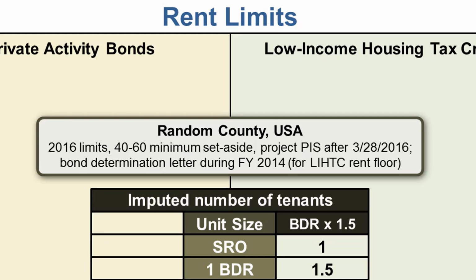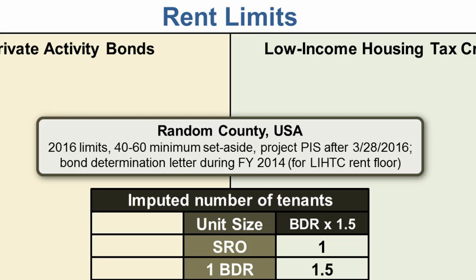The bond determination letter is an actual act of mercy on the part of the program, saying, hey, if you were underwriting the rents that you think you could charge to make this financially feasible all the way back in 2014, and if by the time you place it in service in 2016, all of a sudden those rent and income limits have dropped to where hypothetically now I can't charge enough rent to cover all of my debt service and pay my other bills, then you'd think, hold on, everything looked good 2 years ago.